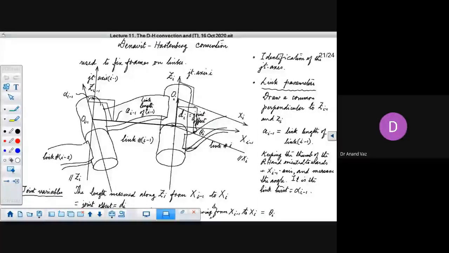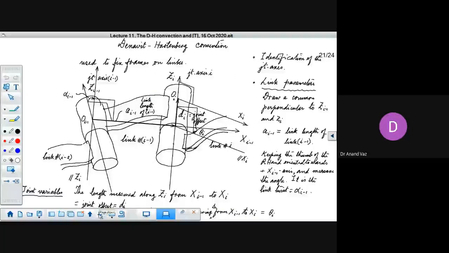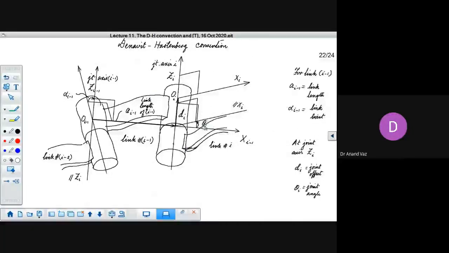Instead of showing it downwards like this, I have shown it upwards so that you can see a positive theta i. I've already prepared that figure, I'll just show it to you here. The rest of the figure being the same, it's just that we have changed this angle.